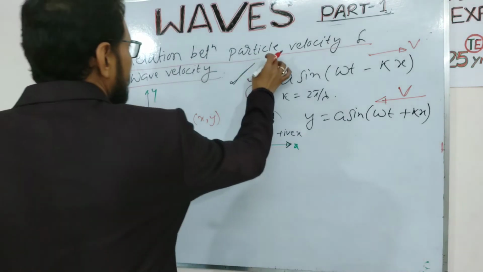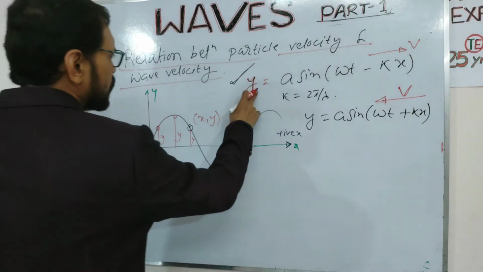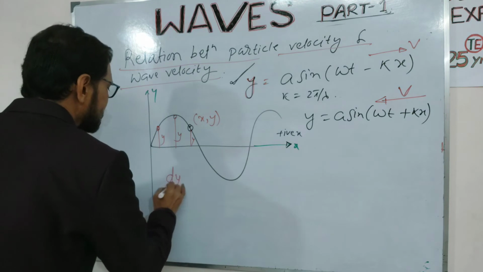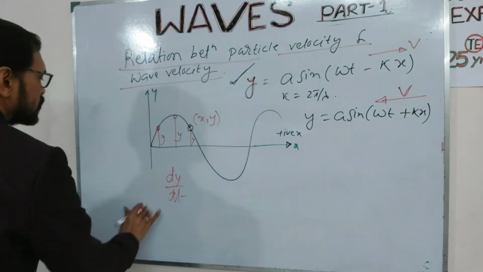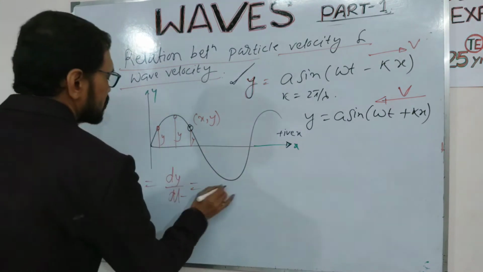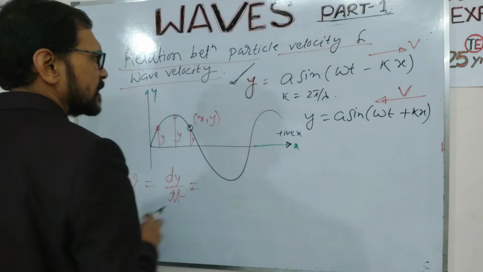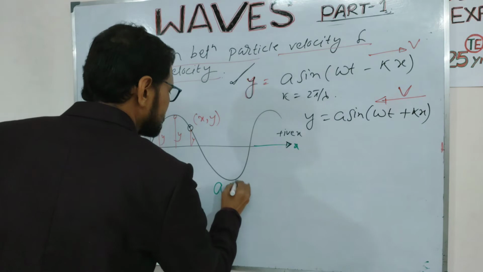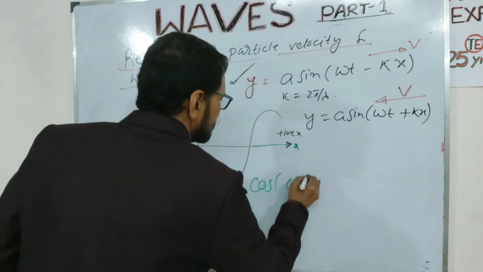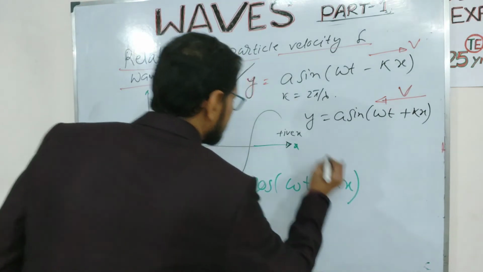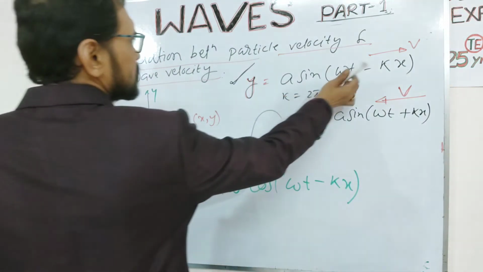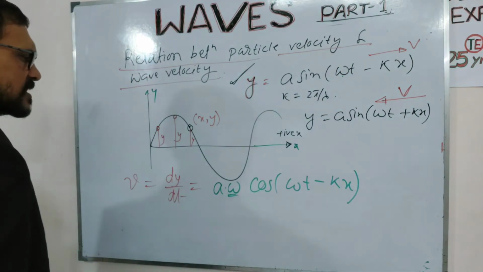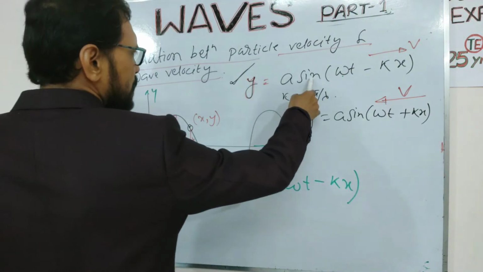Now to find the particle velocity, we have to differentiate y with respect to t. That is dy/dt, the velocity of the particle. So dy/dt = aω cos(ωt − kx). The coefficient of t is ω, and the derivative of sine is cos.